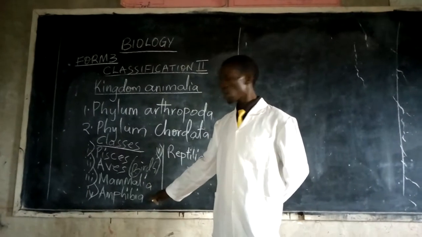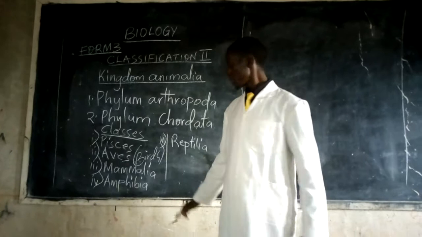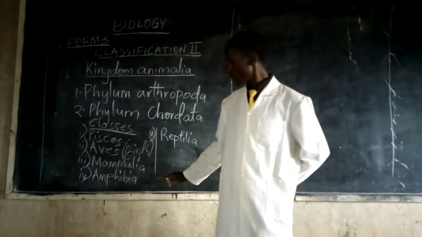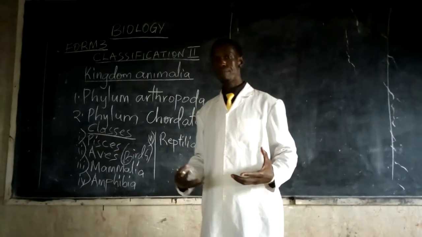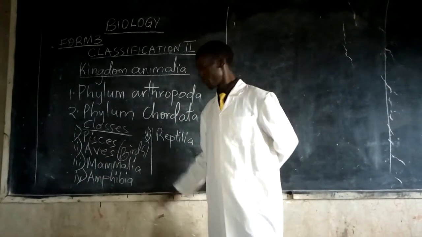And we also have class Amphibia. Class Amphibia are the ones that live in water. Examples of organisms which belong to this class are frogs, among others.